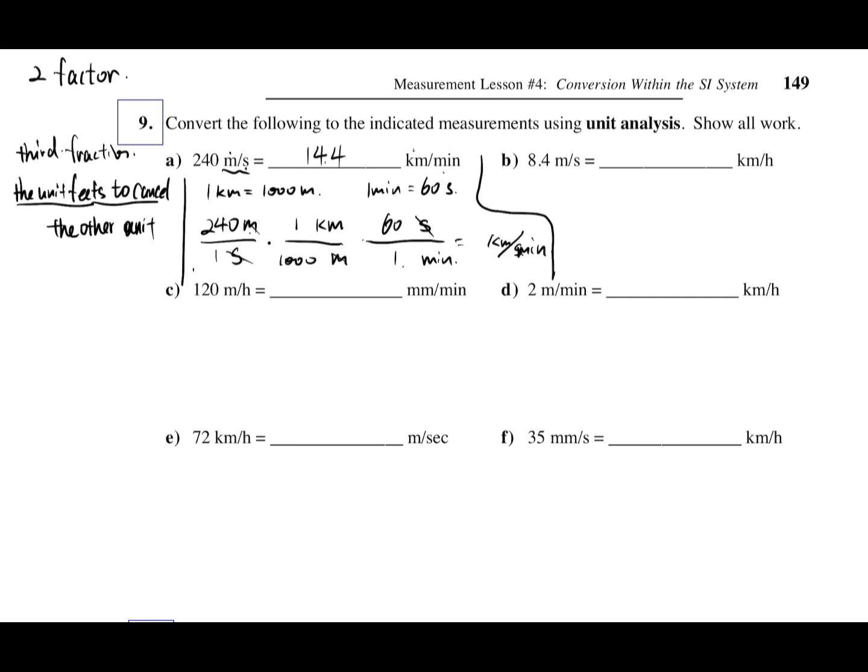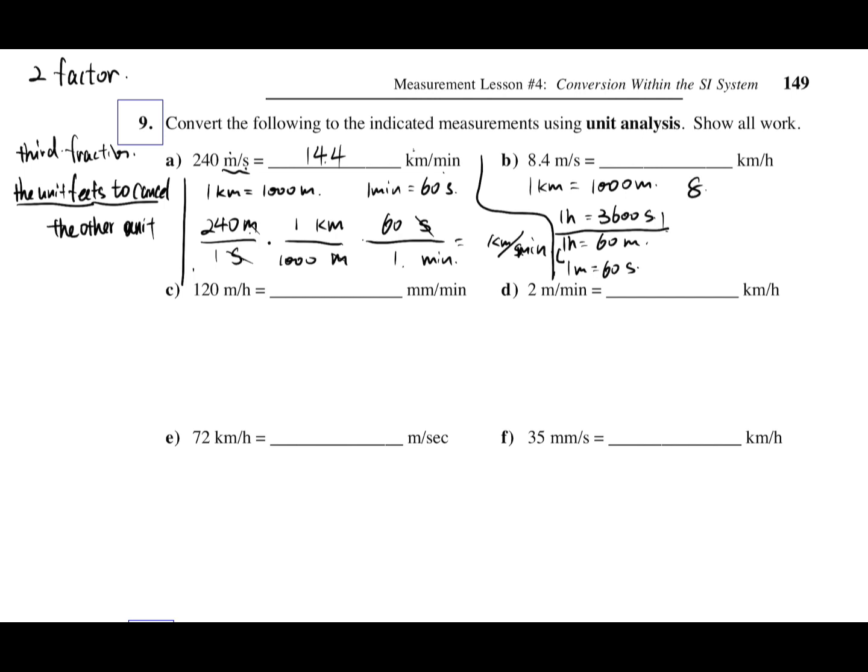Okay, and the second one: 1 kilometer equals 1,000 meters, and 1 hour equals 3,600 seconds. If you don't know this one, 1 hour equals 60 minutes and 1 minute equals 60 seconds. For these two, you can multiply, but we just use the first.